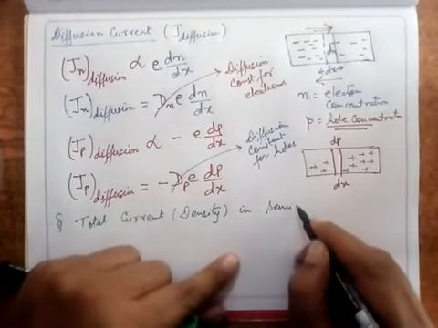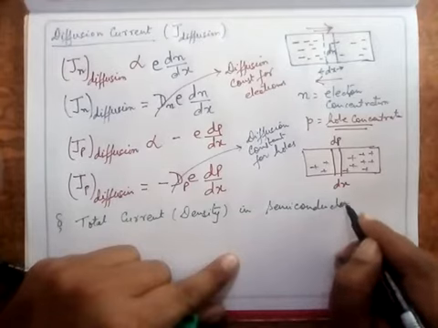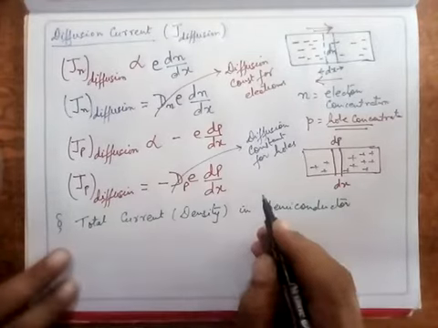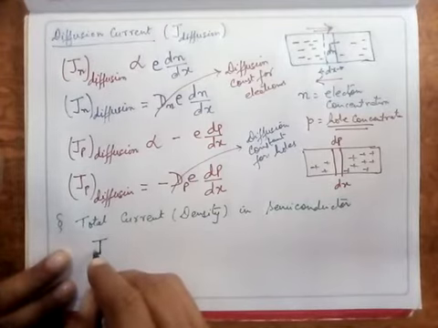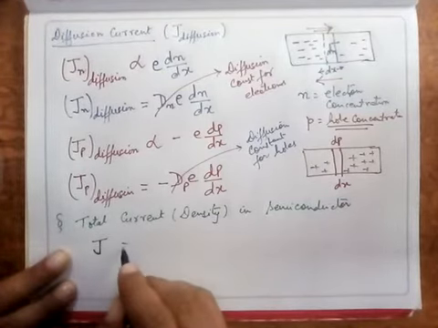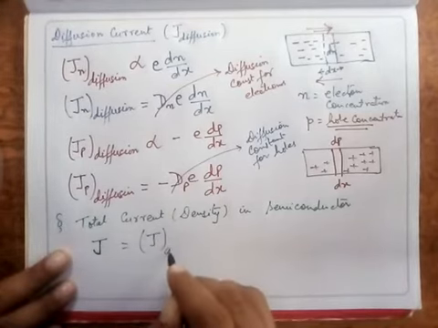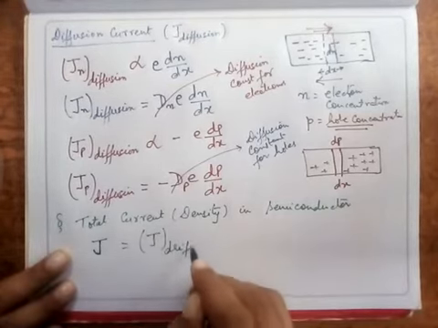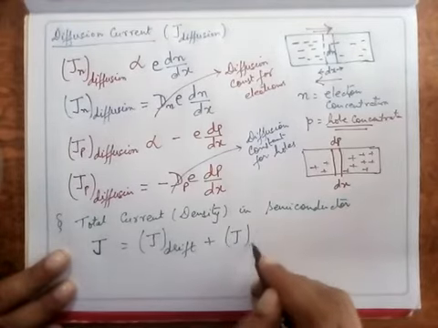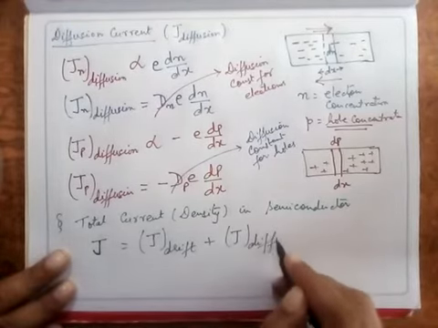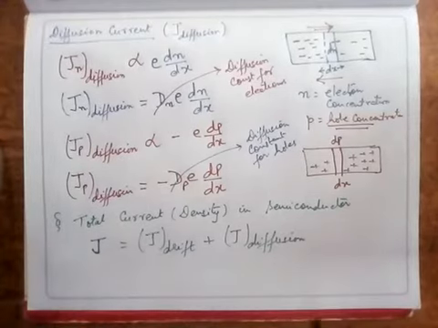What will be the value of total current density? Suppose I say total current density is J. Of course, this will be equal to the sum of drift current plus the diffusion current.